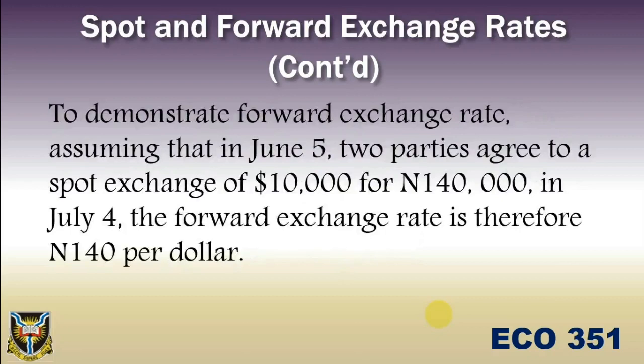To demonstrate forward exchange rate, assume that on June 5, two parties to a spot exchange agree to exchange $10,000 for 1,400,000 naira on the 4th of July. The forward exchange rate is therefore 140 per dollar.